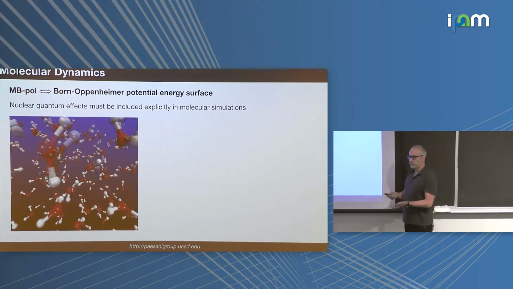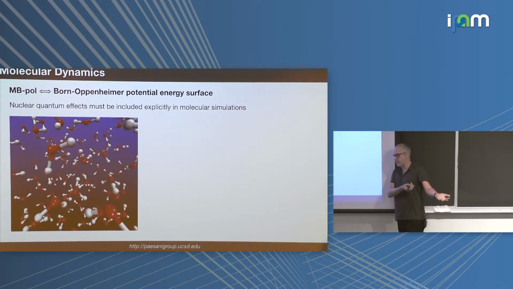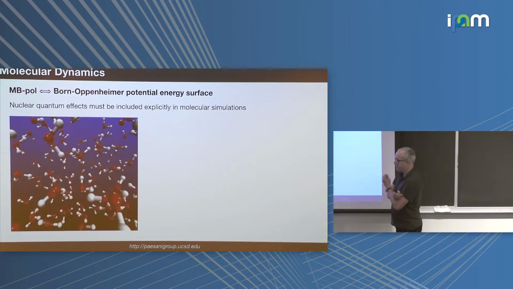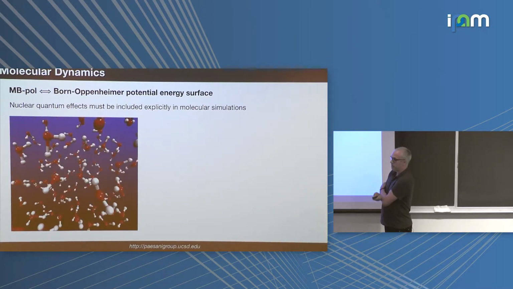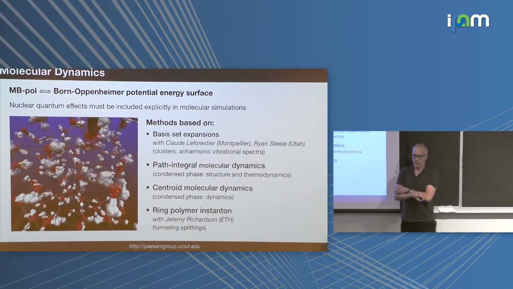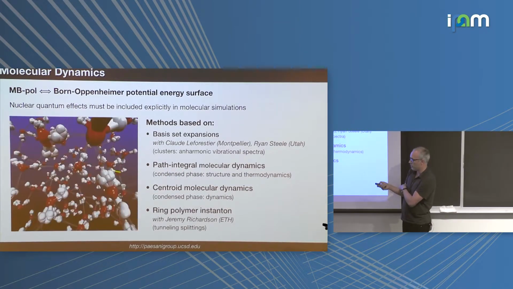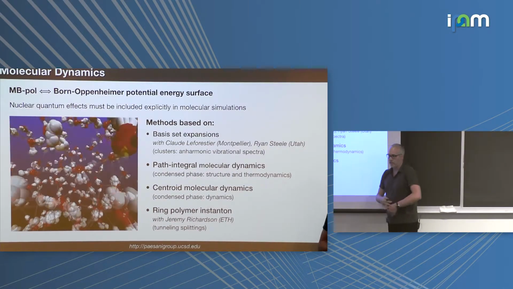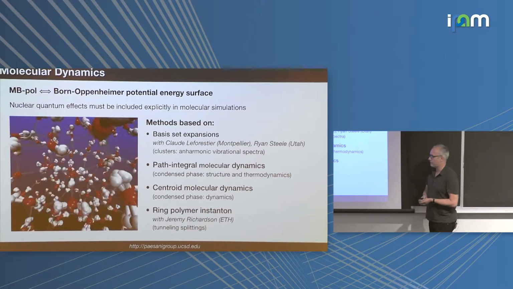Now that we have a potential energy surface, we can do molecular dynamics simulations that are much faster, obviously, than coupled cluster. You cannot really do coupled cluster, but they are even much faster than density functional. And since they are so fast, we can even afford not just to do classical MD, but to do quantum MD, where we actually quantize also the nuclei. And you know that now the hydrogens are fuzzy because of zero-point energy effects, and you may have tunneling, and so these are things that are not described by classical MD.